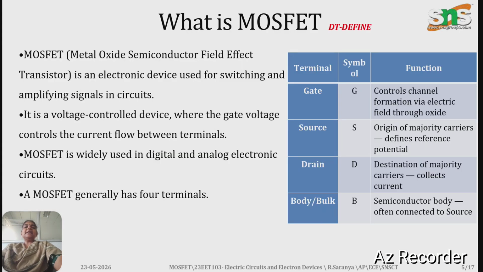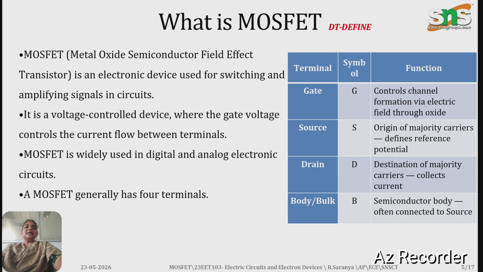As I said earlier, MOSFET is a metal oxide semiconductor field effect transistor. It is used mainly for switching and amplification of signals. It is a voltage control device, and there will be great control over the current flow between the terminals.